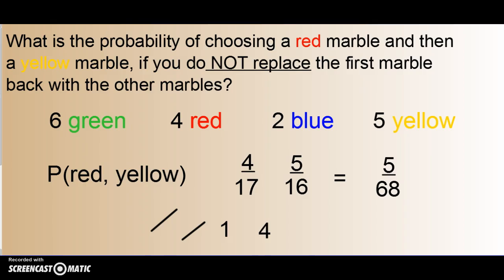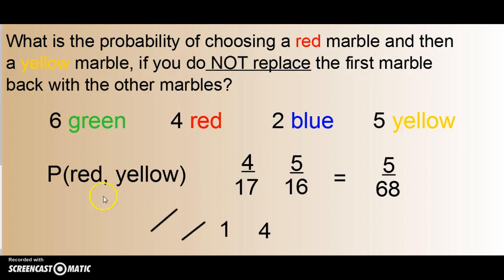So what's the probability of choosing a red and then a yellow when we have all of the marbles in a bag? And then notice we're not replacing the first marble the second time. So in a bag we have 6 green, 4 red, 2 blue, and 5 yellow.